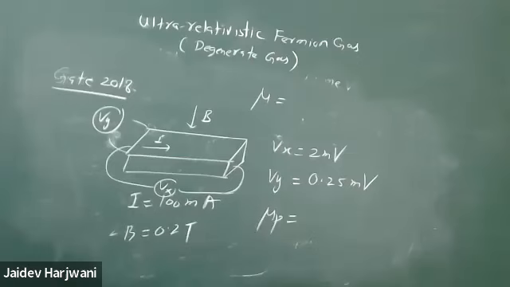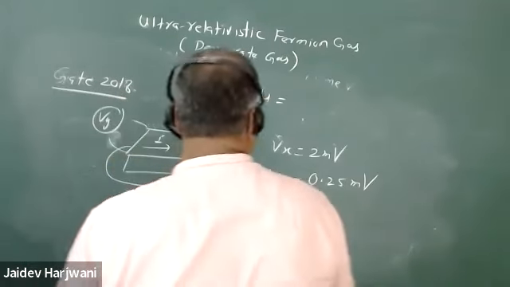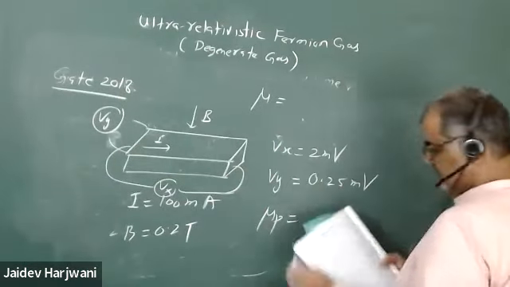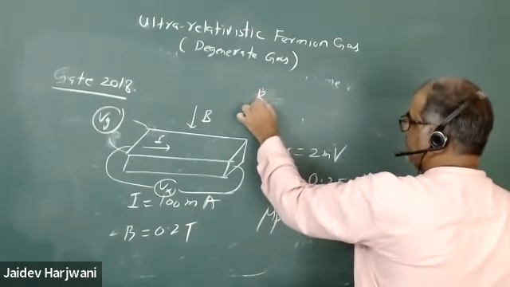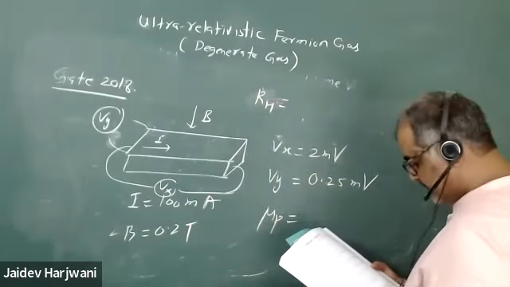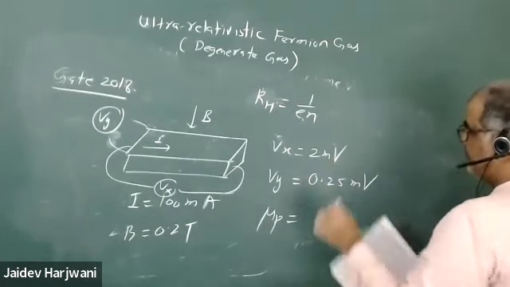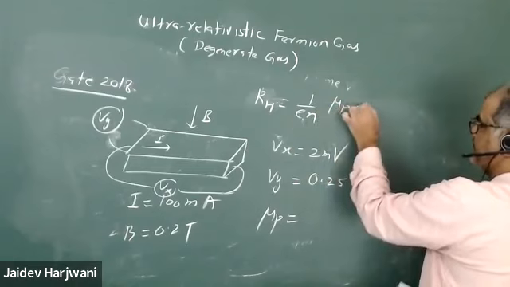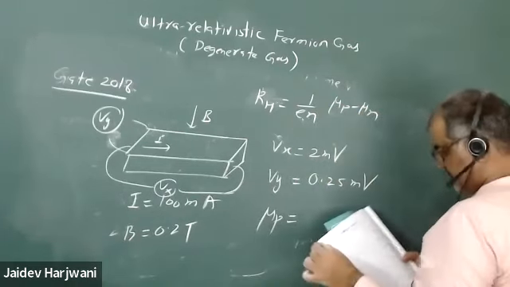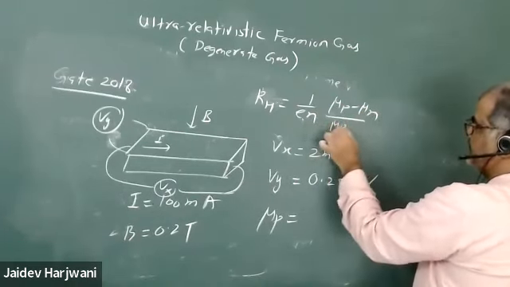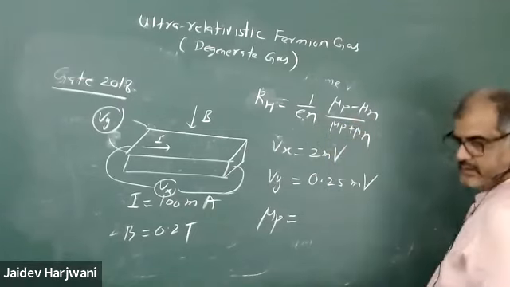Okay, so mobility. For semiconductors, we have not done this one, we have to do this one also. The formula for Hall coefficient RH in a semiconductor is 1 upon e n, with mu p minus mu n over mu p plus mu n.